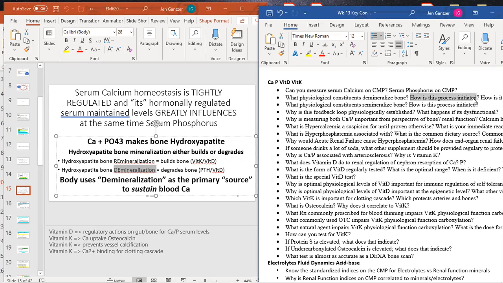However, once we demineralize bone, recall, demineralizing bone is breaking down that hydroxyapatite, which is both a calcium and organic phosphate matrix. So in order to raise serum calcium by demineralizing bone under the signal of PTH and active vitamin D, calcitriol, we are going to be dropping both calcium and phosphate into the serum.